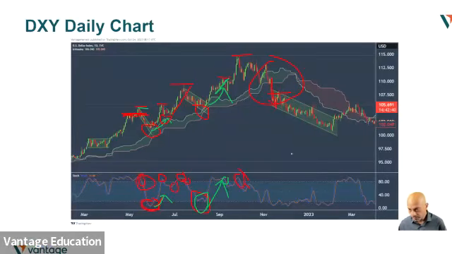And then of course, you can see here stochastics being in oversold positions, but starting to rise strongly here. With price cleanly breaking above the upper trend line of the bearish channel, this signals a potential move to the upside as well. Price was also breaking through the Ichimoku cloud.